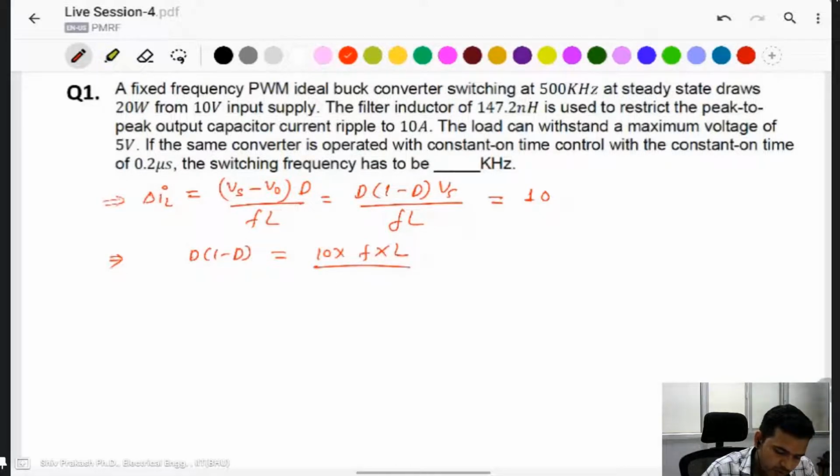Vs is also given as 10 volt. Frequency is given 500 kilohertz.